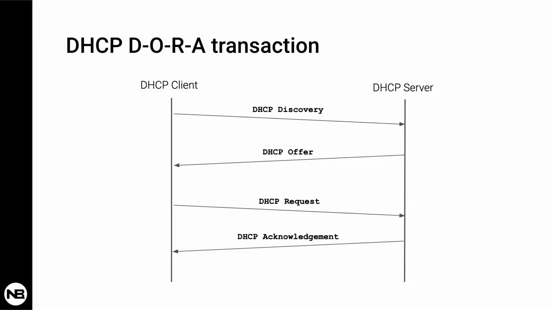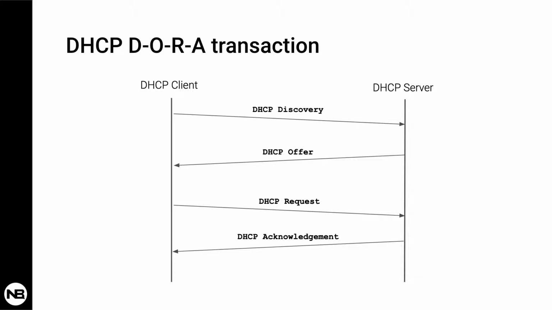The DHCP process is also called the DORA, D-O-R-A, transaction, where the acronym is a breakdown of what's going on between the DHCP client, or the wireless client that wants to connect to the network, and the DHCP server that is solely responsible for offering and maintaining DHCP addresses.